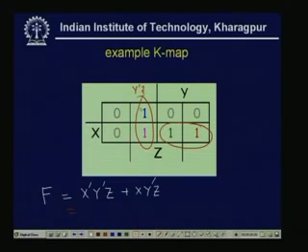If I take y'z common, this is x' plus x, and this becomes only y'z.